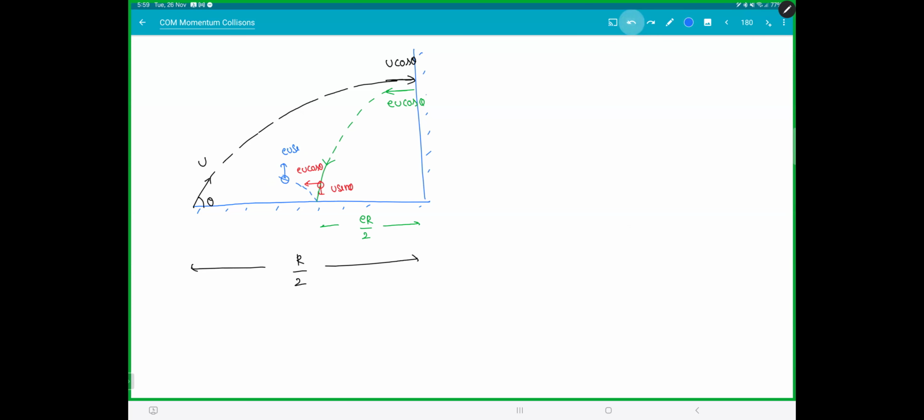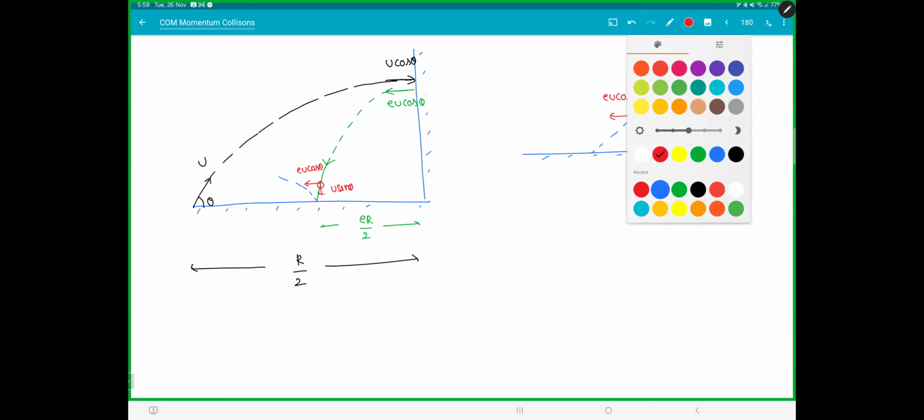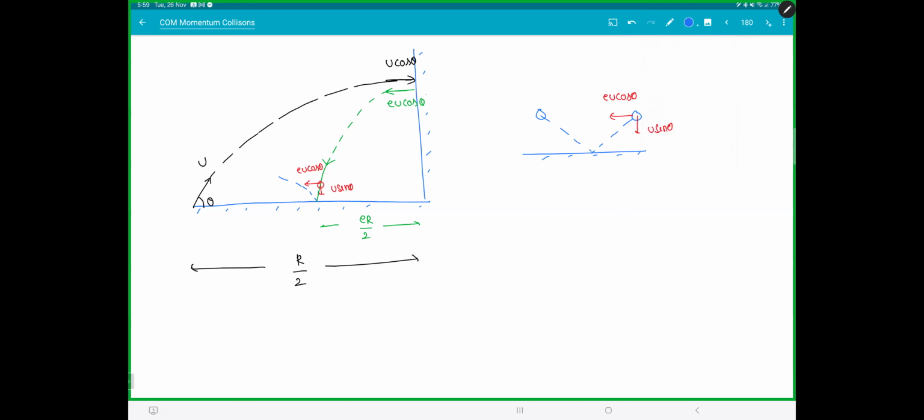So when you're hitting the wall, the horizontal component becomes eu cos theta. When you're hitting the floor, the vertical component becomes eu sin theta.